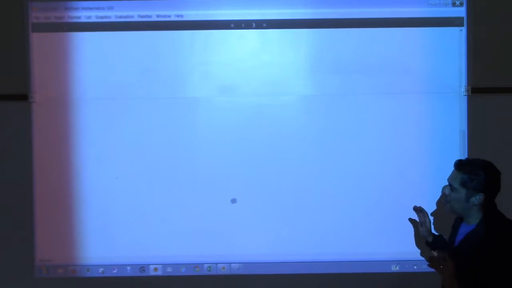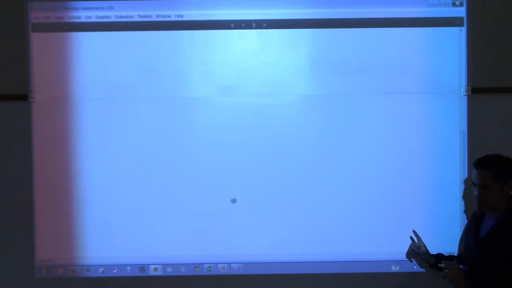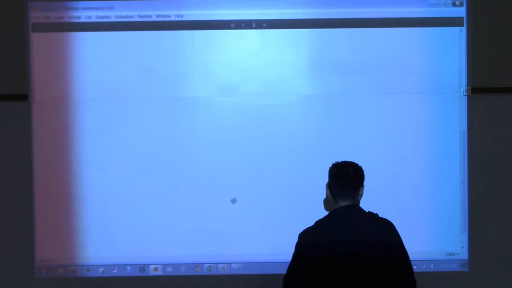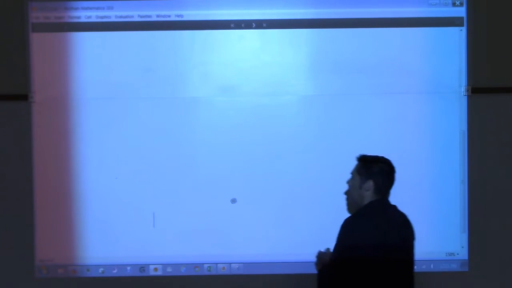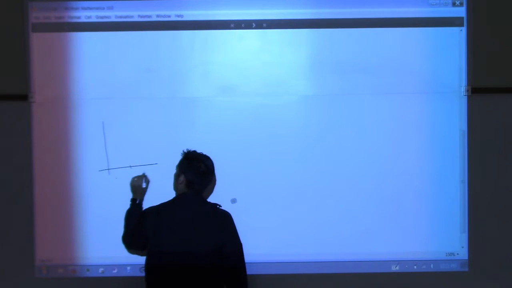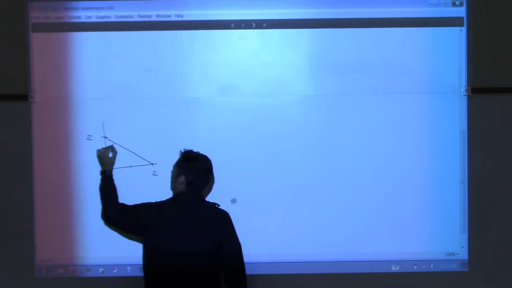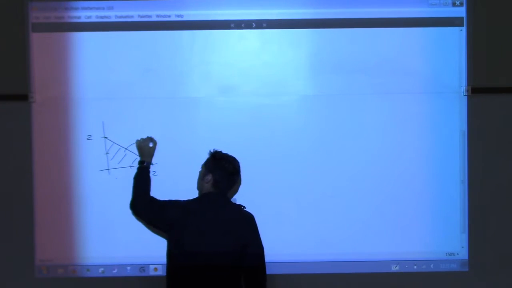I know this is going to seem completely trivial, but I just want to show that it works, okay? It is going to seem trivial. Okay, here we have, let's see here, 2, triangle right here. See that triangle?